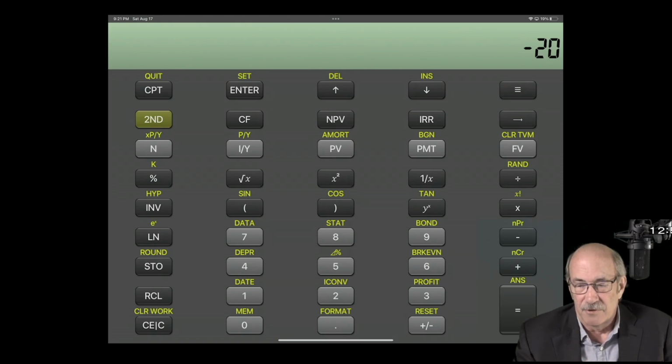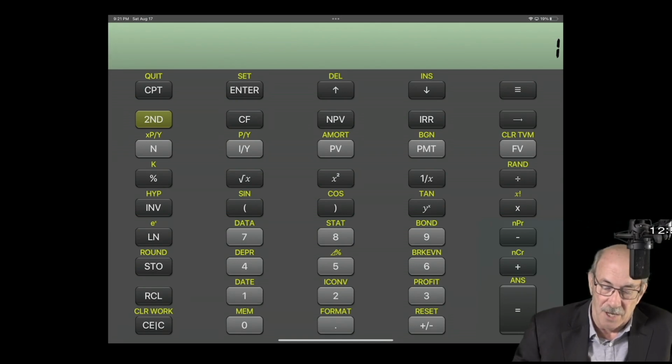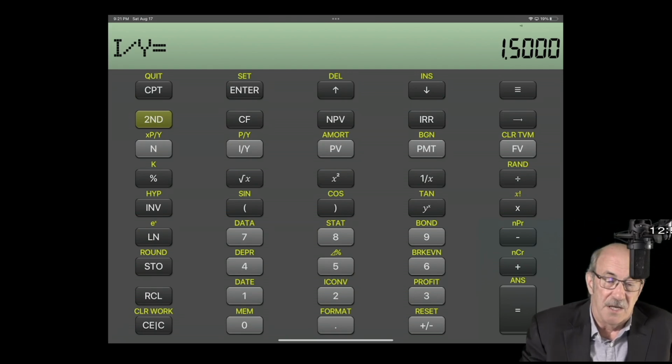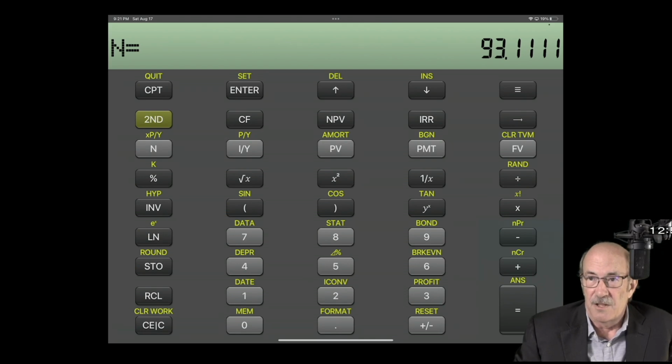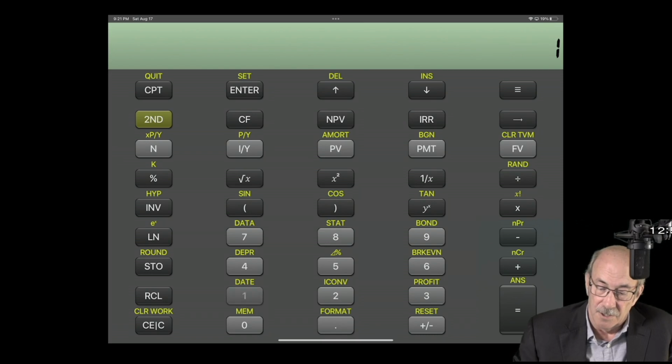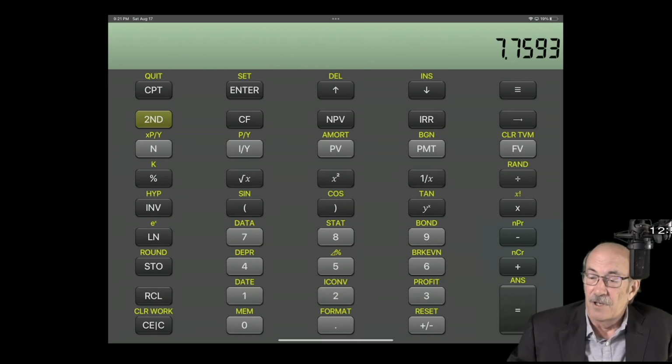That's an outflow, so it's negative. That's our payment. We're talking about a 1.5% monthly rate, and now we're going to compute N. That's our 93.1 months, and of course we just simply divide that by 12, and that will give us our number of years. A little over 7 3/4 years, 7.76 years to pay that sucker off.